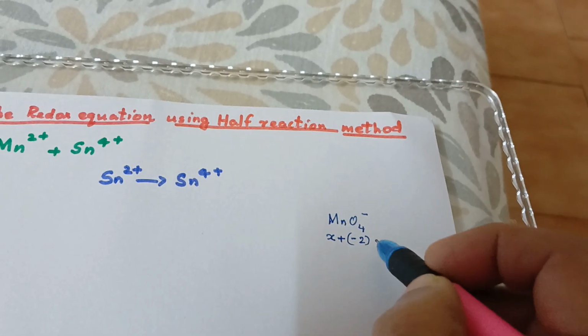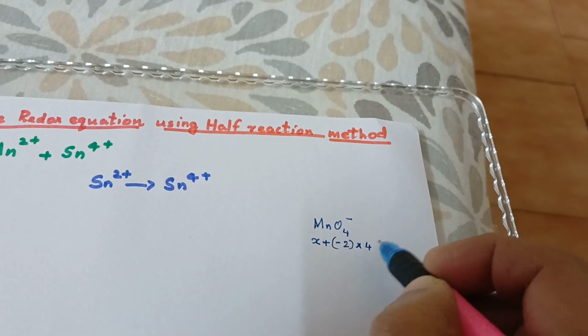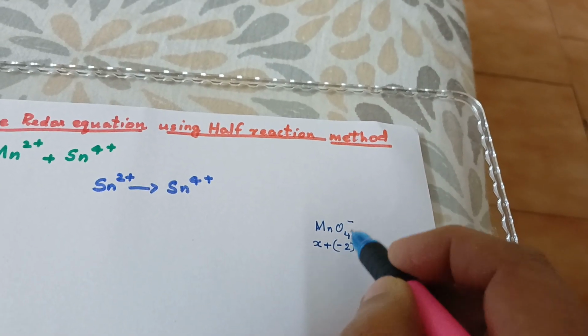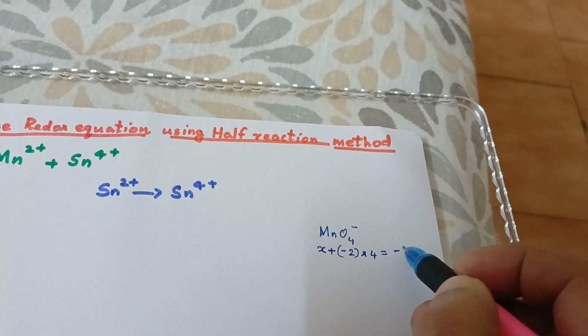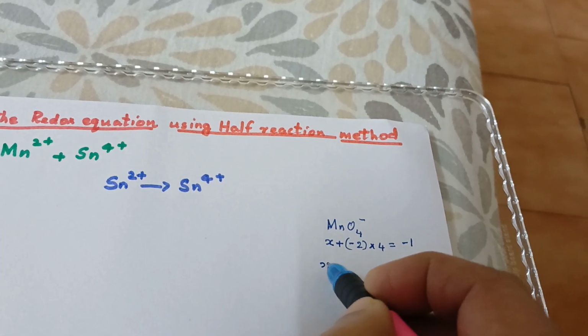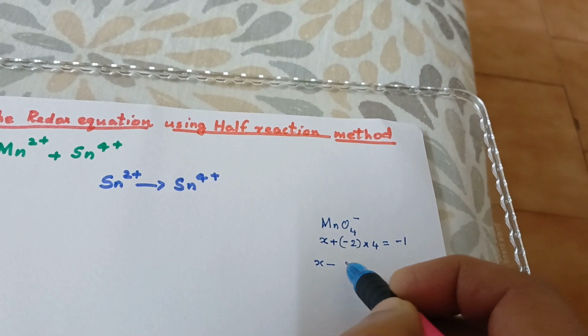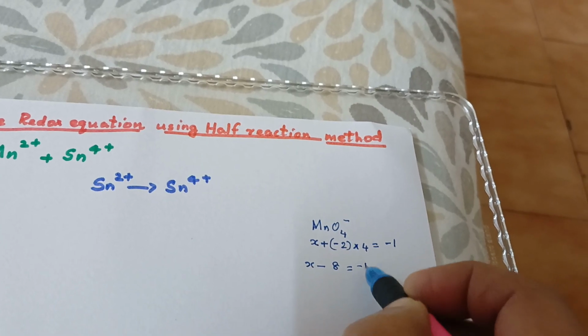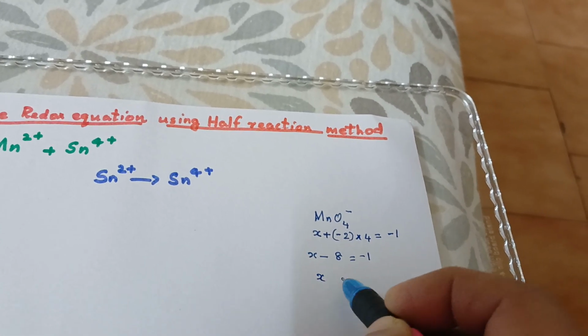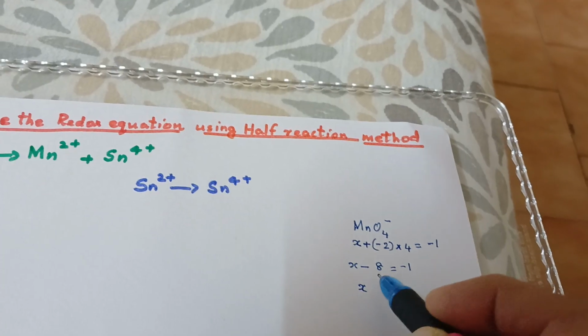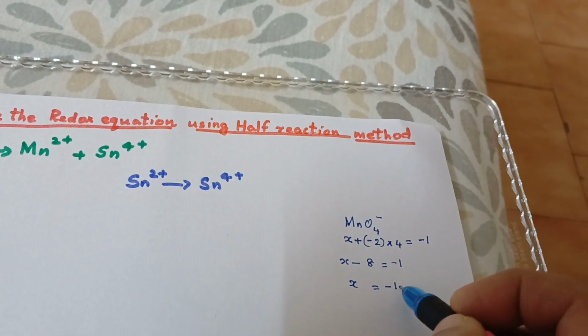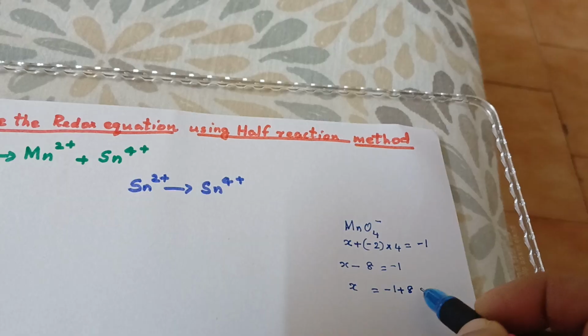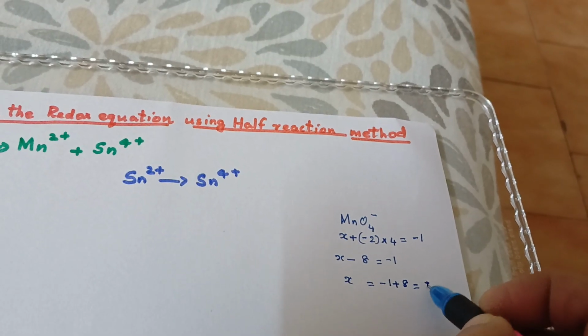There are 4 oxygen atoms, 4 into minus 2, and the overall charge equals minus 1. So x minus 8 equals minus 1. x equals minus 1, and this minus 8 will become plus 8 when it comes here. So it will be plus 7.